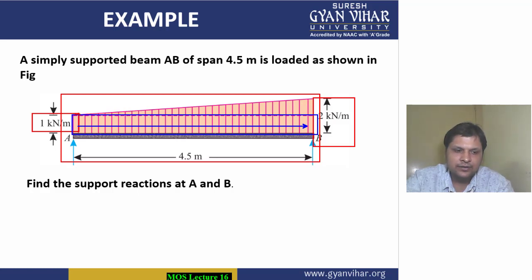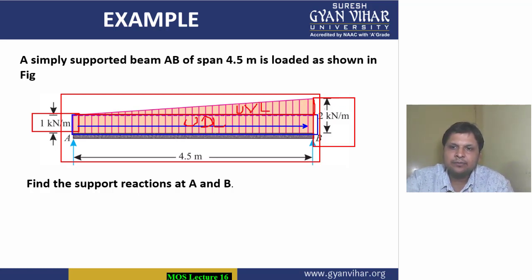This is the UVL, students. This particular portion we will consider as UVL. Now this is your UDL which is acting, and above it we have a UVL. Now we will treat them separately.